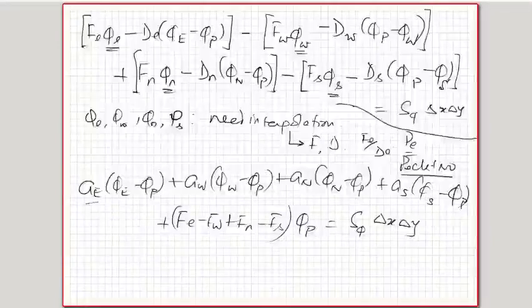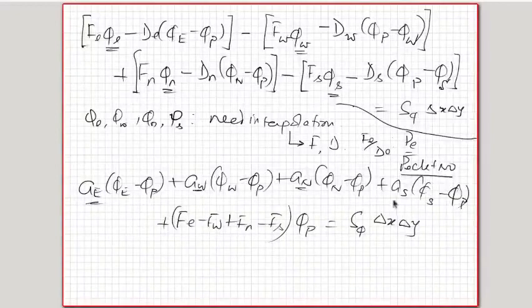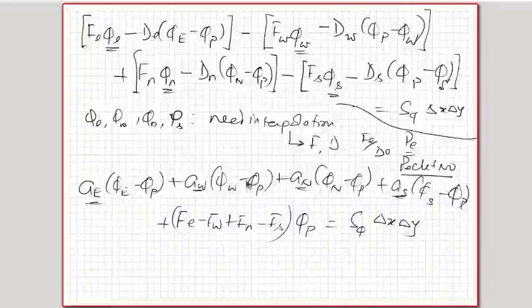Here AE, AW, AN and AS are the effective coefficients of phi E, phi W, phi N and phi S by using appropriate interpolation. That will vary with the kind of interpolation that you used.